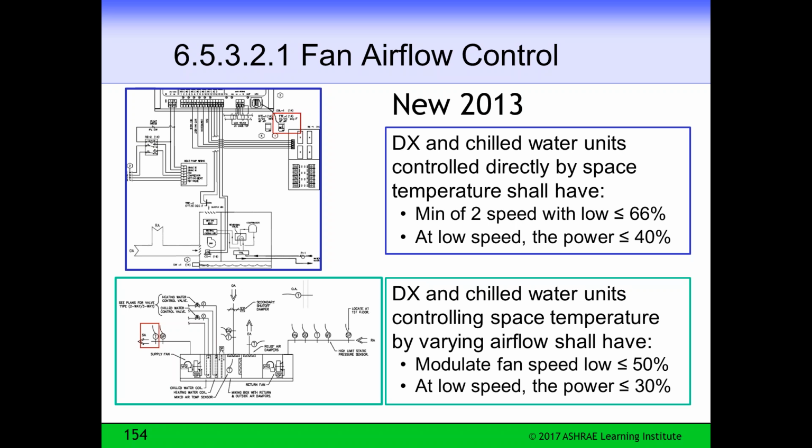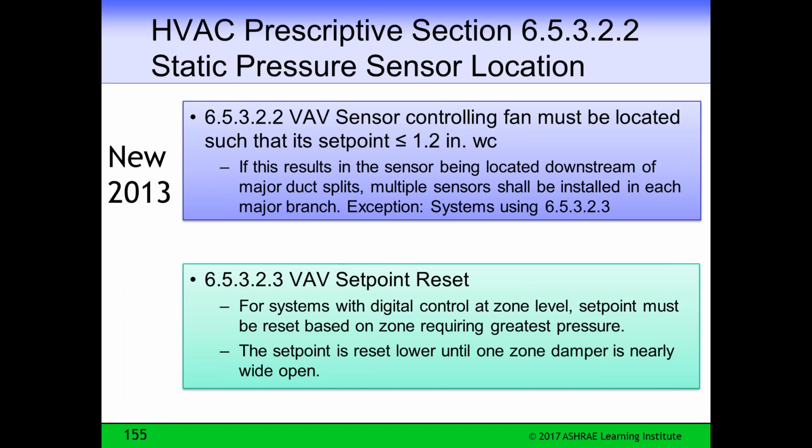Now, there's only two mechanisms we know of to do that, and that's either a variable speed drive or a vane axial fan with adjustable blades. So those are the only two that'll meet the 30 by 50 by 30% rules. So generally, that requires a variable speed drive.